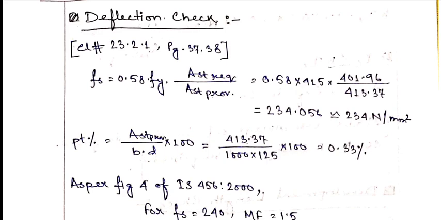We know to find out modification factor from figure 4 of IS 456-2000, we have to know two values, that is Fs value and percentage of steel. From these two values we have to find out the value of modification factor. So let us go to figure 4.